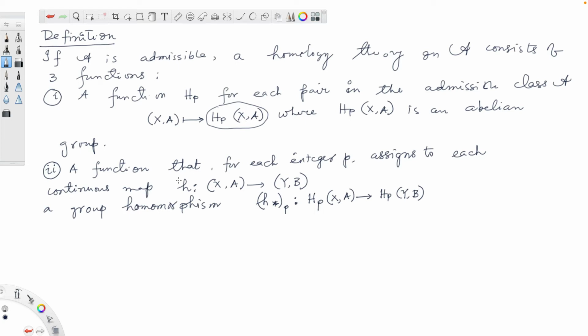So this is the morphism in the category that we are working on.